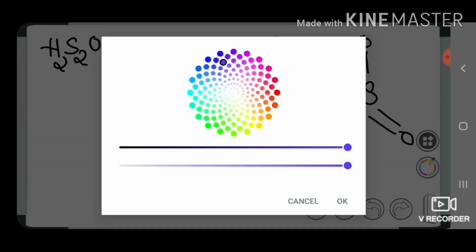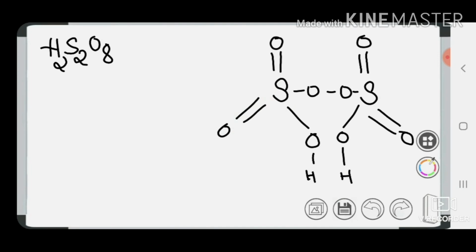Now we want to find the oxidation state of the sulfur. Here one thing you should notice is that a peroxo linkage is present. So the charge of the oxygen in the peroxo linkage is -1, and the other oxygen atoms have -2 charge. So the 6 other oxygen atoms have -2 charge and the peroxo linkage has -1.